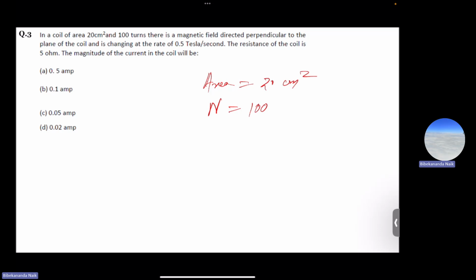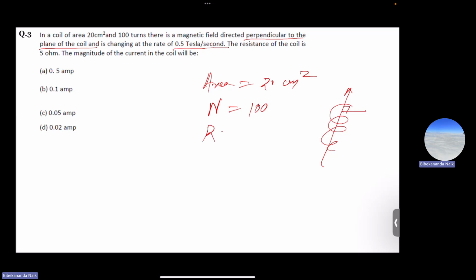So suppose this is a coil, and the field is perpendicular to the plane of the coil, and is changing at a rate of 0.5 Tesla per second. So the rate of change of the magnetic field is 0.5 Tesla per second, and the resistance of the coil is given.